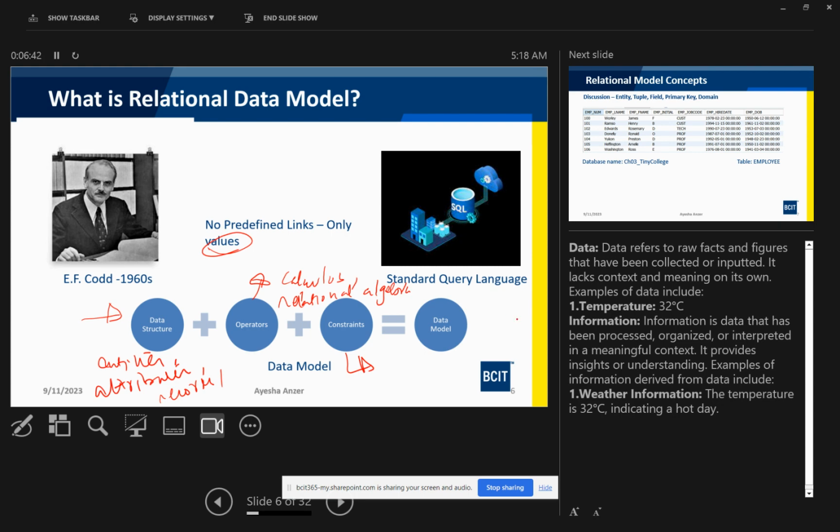Then we have constraints. The constraints are mainly rules such as domain, entity, referential, and enterprise constraints. So all these components make a data model.